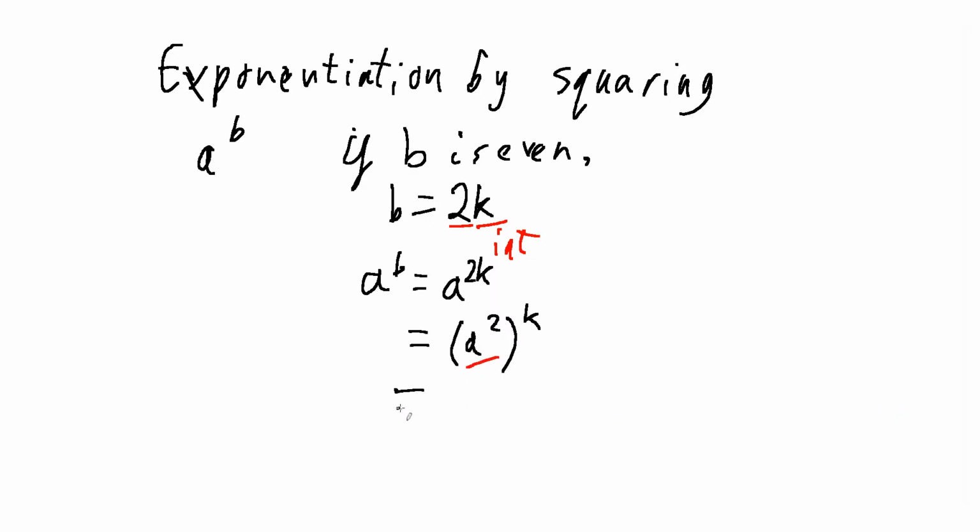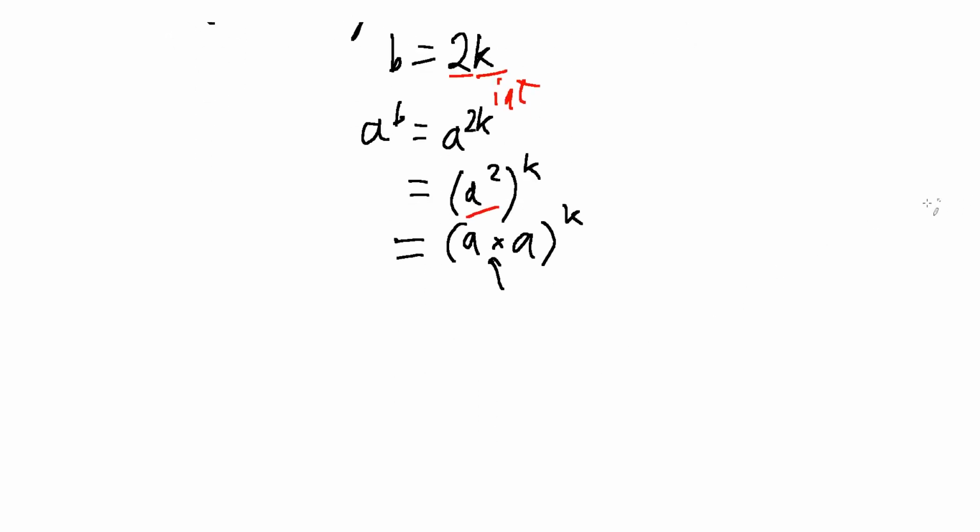And the reason we use squaring is because a number squared is simply the number multiplied by itself. So we only use one multiplication here. And now, if we do this to the power of k and we use the previous algorithm, the slow algorithm, we will see that we are using one multiplication here.